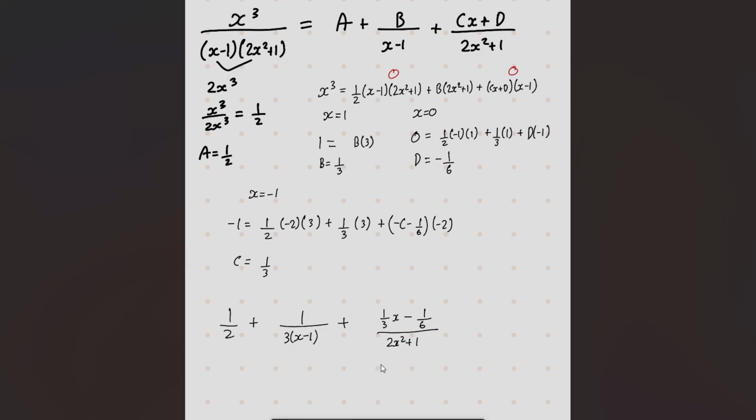And if we just simplify this, you're going to get 2 over 6x minus 1 over 6. And that's just pretty much 2x minus 1 over 2, over 2x squared plus 1, plus 1 over 3 times x minus 1, plus 1 over 2.